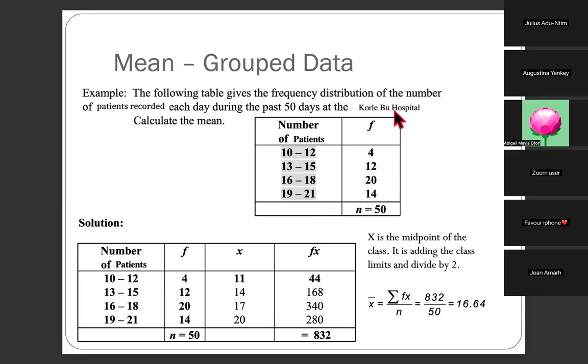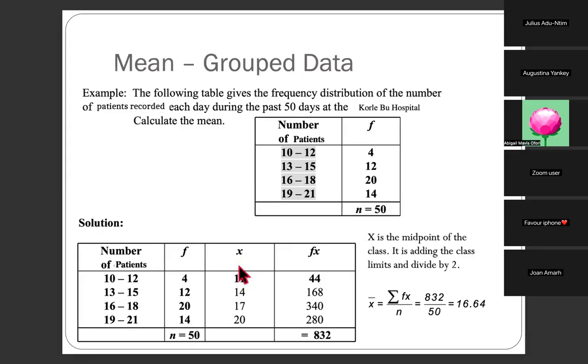So over here, when we are looking at the class midpoint of 10 to 12, it will be 10 plus 12, which is 22, and the average of it, 22 divided by 2, gives us 11.